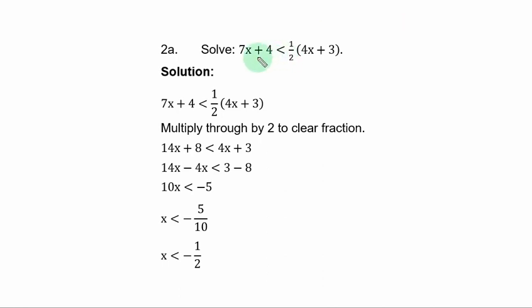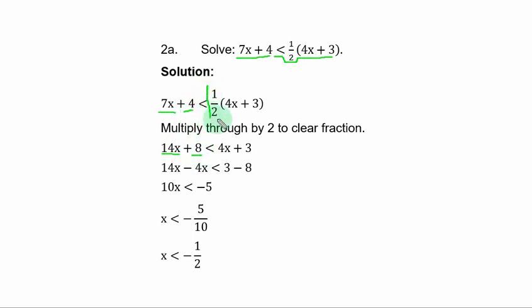Question 2A, solve 7s plus 4 less than 1 over 2, bracket open, 4s plus 3. Let us clear the fraction by using 2 to multiply through. 7s times 2, you have 14s, plus 4 times 2 is 8.